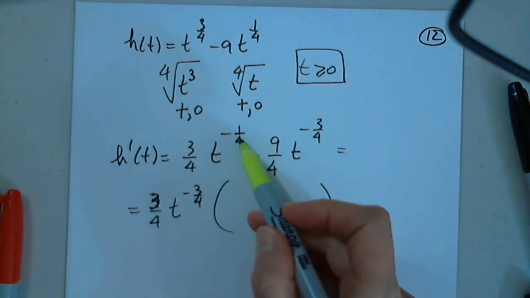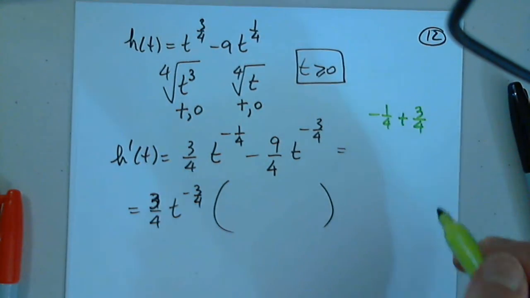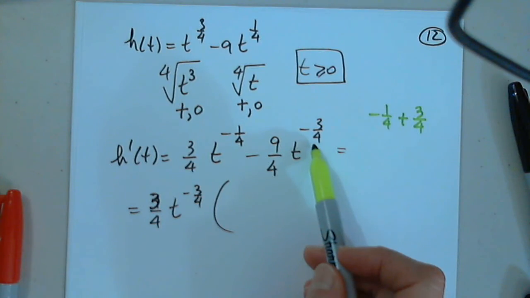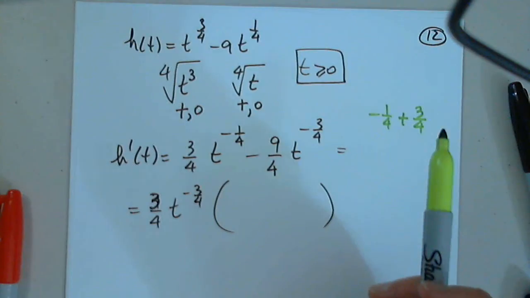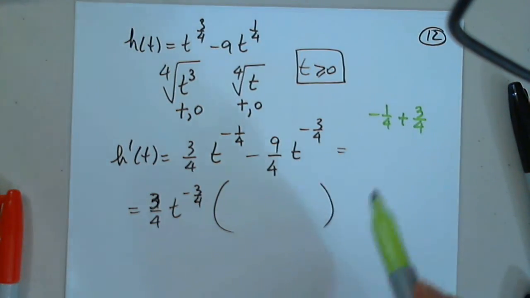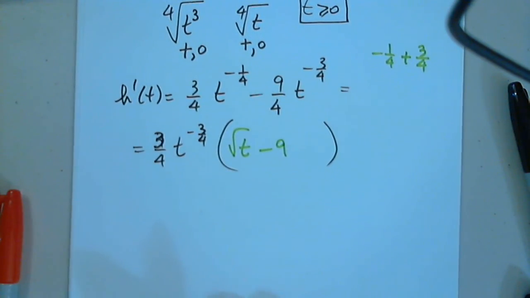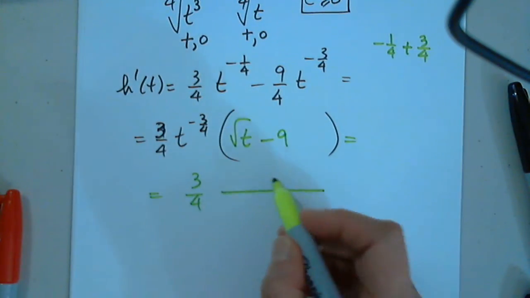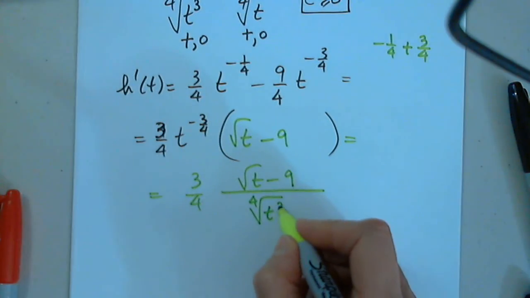So, negative 1/4 minus negative 3/4, right? So from negative 1/4, we subtract negative 3/4. So we have 3 minus 1 is 2, 2/4 is 1/2. So the square root of t minus 9, or 3/4, the square root of t minus 9 over the 4th root of t to the 3rd.